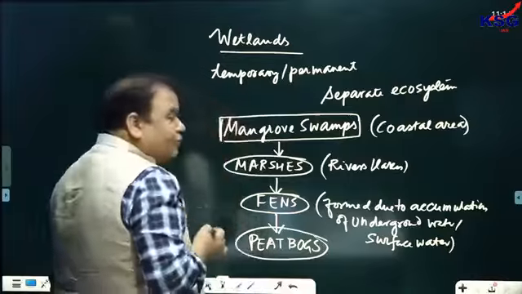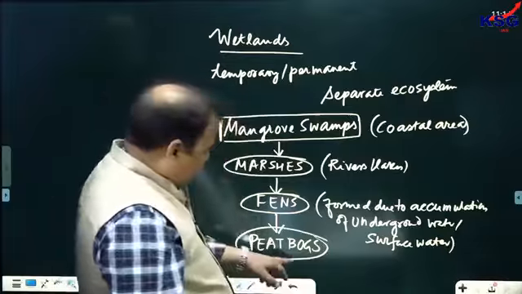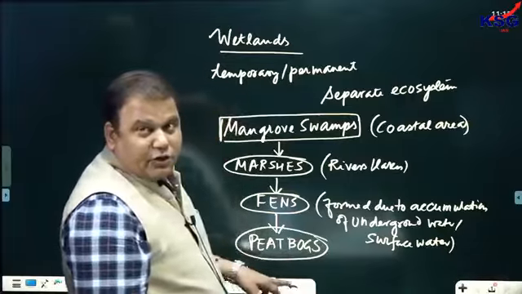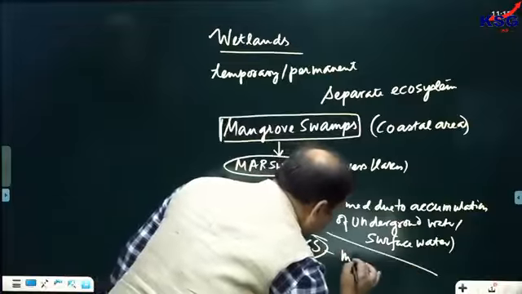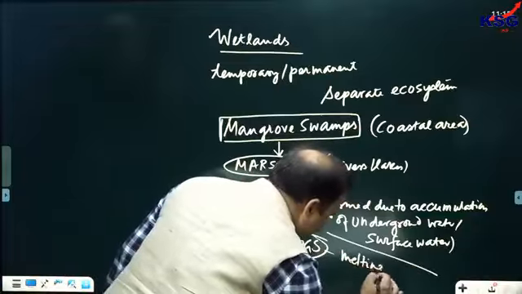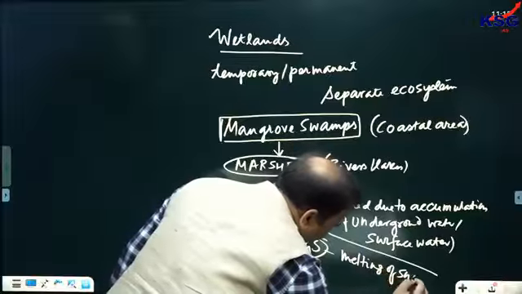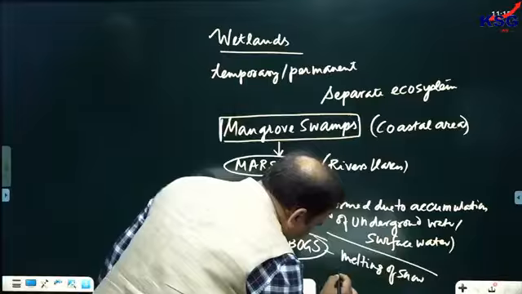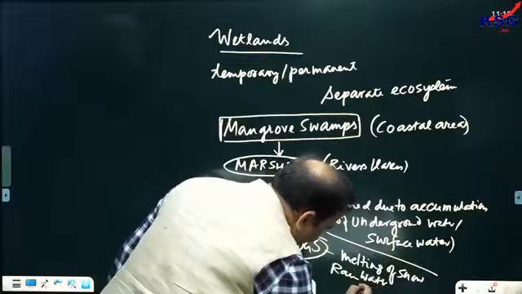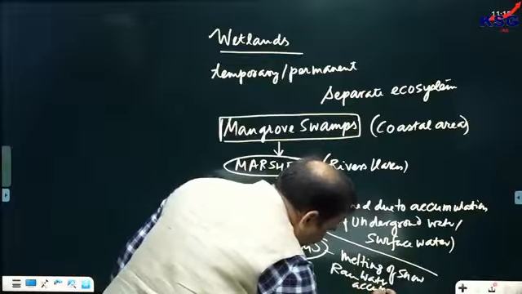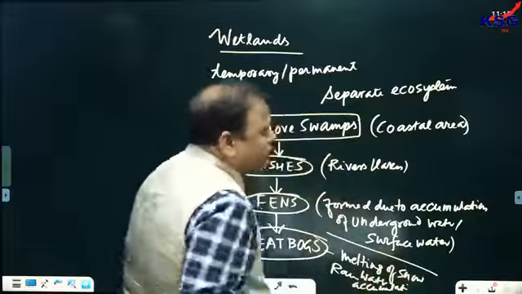And how are peat bogs formed? Peat bog is formed due to melting of snow or rainwater accumulation. So that's the order.